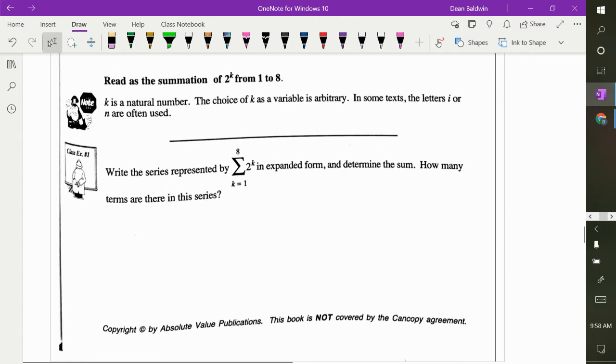So if I give you this notation, I would read this as the sum from 1 to 8 of 2 to the power of k. We're going to write it in expanded form. So you plug in 1 first. If I put 1 into it, I get 2 to the power of 1. And because it's a sigma, that means we're summing it, so it's a plus.